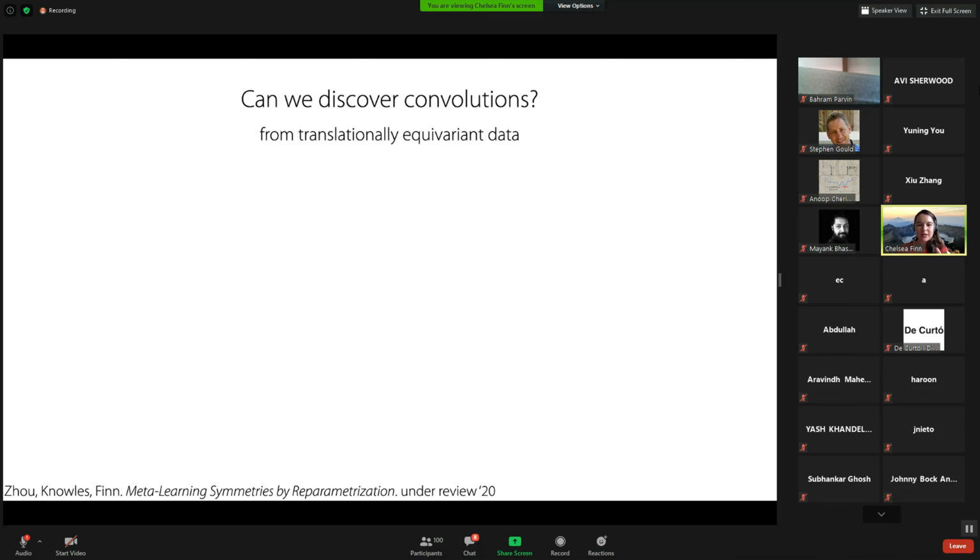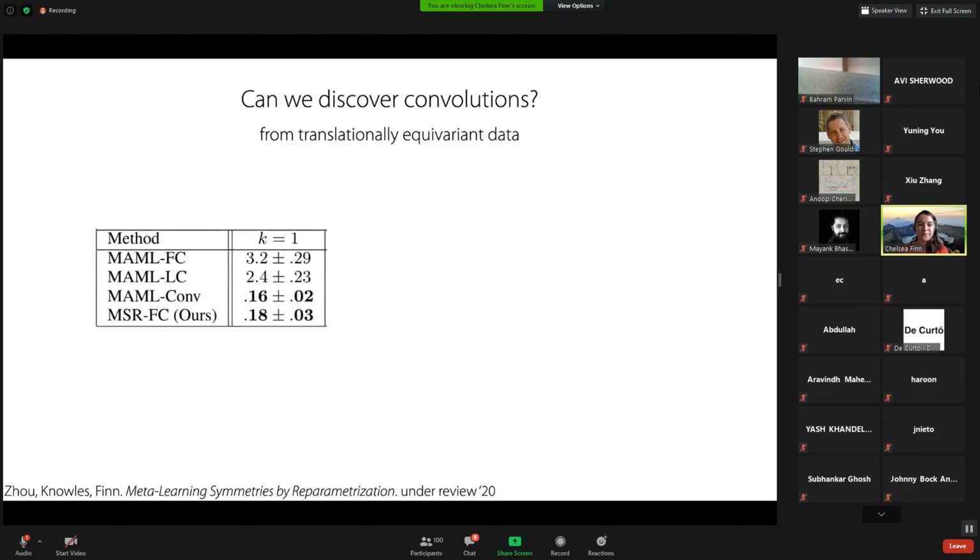And with this data, we ran the approach that I just described, as well as MAML with a fully connected network, a locally connected network, and a convolutional network. And what we found, when measuring the mean squared error for new meta test tasks, is that MSR was able to achieve performance comparable to MAML with convolution layers, even though MSR was starting with a fully connected network.